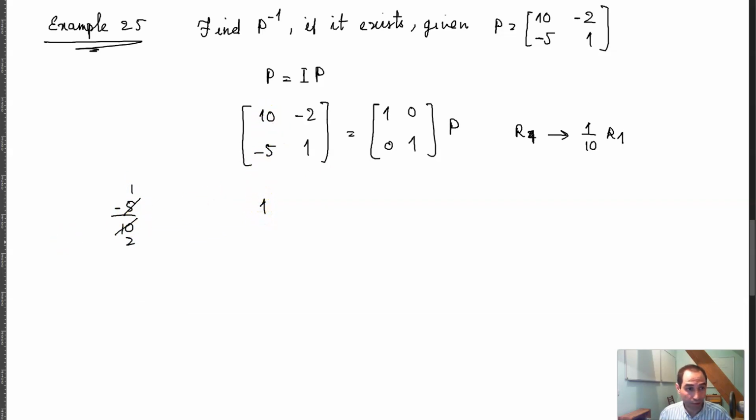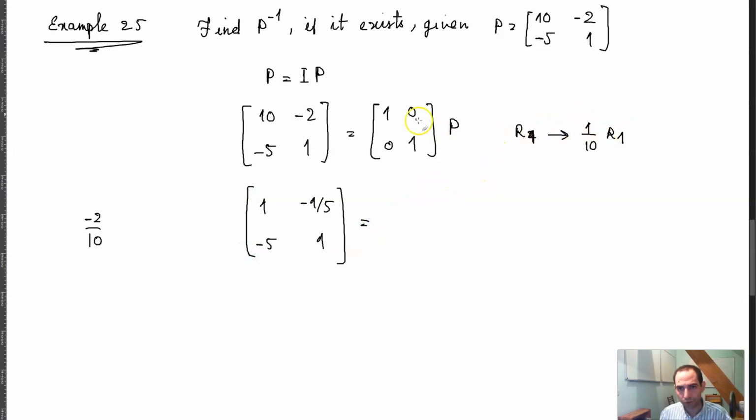I'm sorry, no, it's not actually related to that. So -2/10 is the same thing as -1/5, and then you have the same row over here, -5, 1, and that is equal to that.